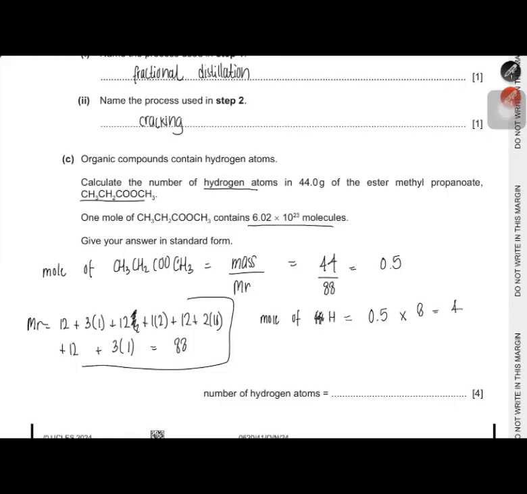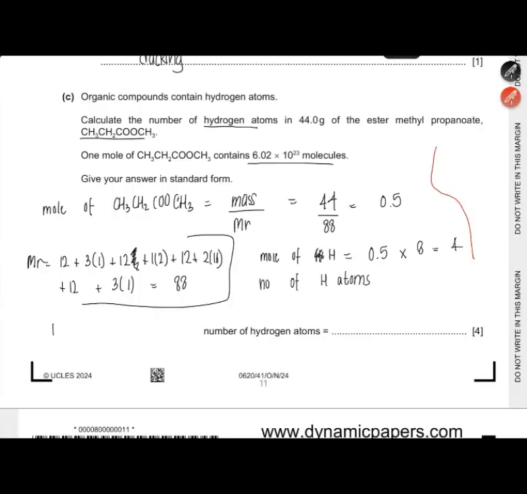Now we can find the number of hydrogen atoms in this molecule. 1 mole has 6.02 times 10 power 23 molecules. So in 4 moles, how many molecules are present? That's why we multiply 4 times 6.02 times 10 power 23, and we get 2.408 times 10 power 24 hydrogen atoms.